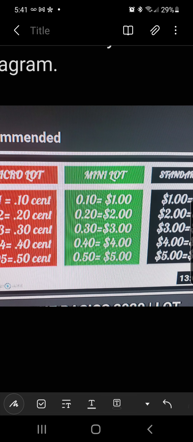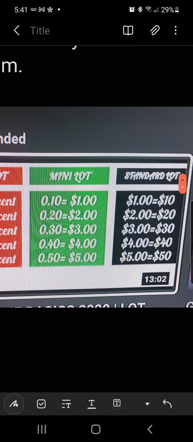That's what it equals when you use the broker KOT Forex, which we will go over in just a second. A standard, when you put in 1.00 in your MetaTrader app, that means you're risking $10 a pip, and I really hope you know what you're doing if you're using a standard lot.